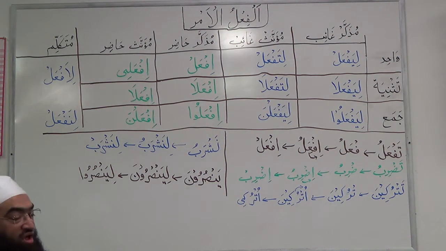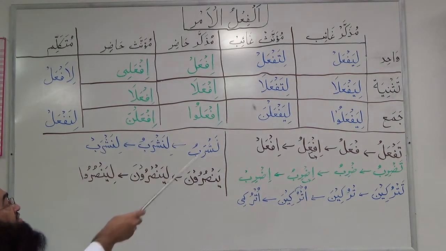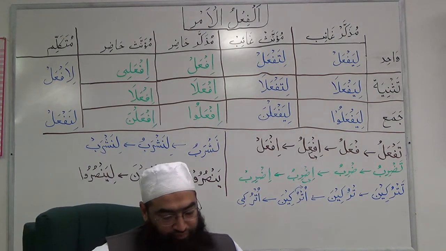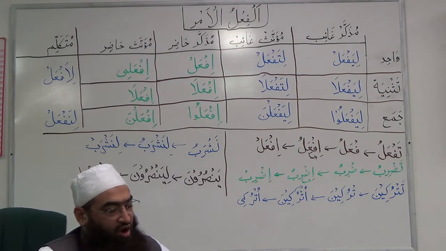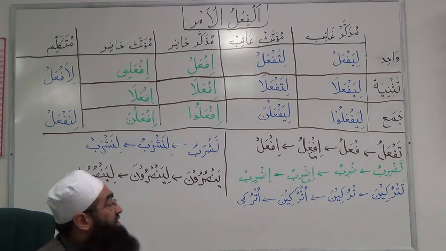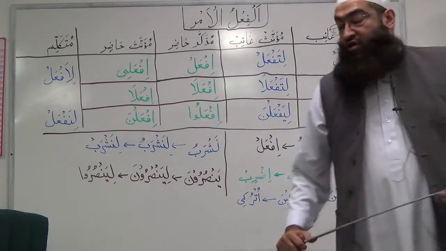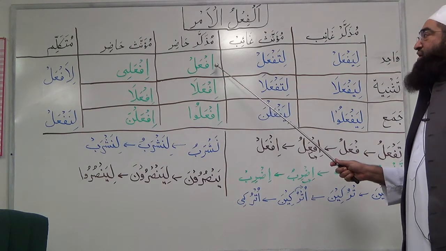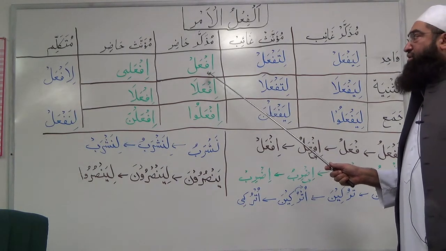Before we get into the other words, some more examples up here, let's do the other part of Amr also. Alright, so we explained last time, if you want to make the Mudhakkar Hadir or Mudhakkar Muannath Hadir, you have to bring this Hamza lil Amr.